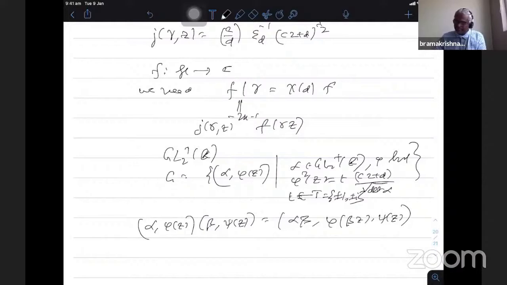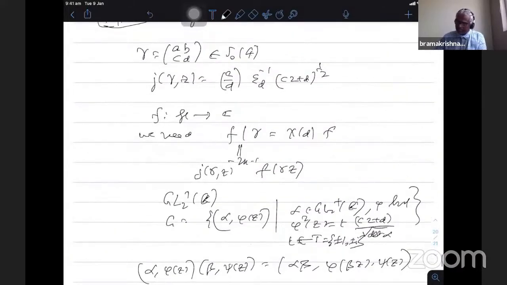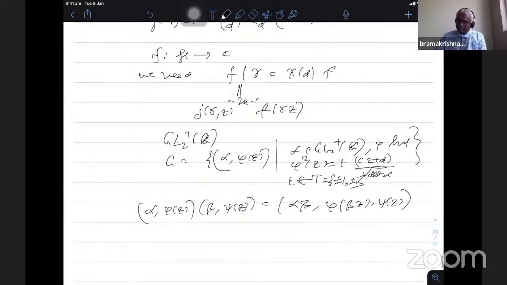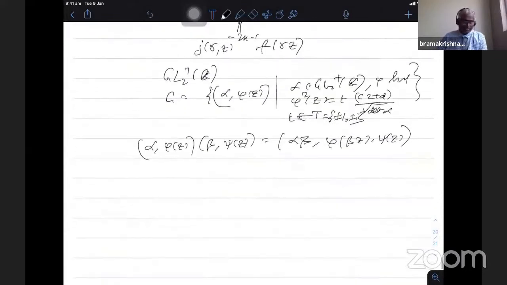Whenever G contains gamma 0(4) and its automorphic factor, phi becomes J in that case, so this is a subgroup of G. Whenever an element belongs to gamma 0(4), we take this as the phi of z. Whenever alpha does not belong to gamma 0(4), we choose to take this phi of z like this, T is anything.